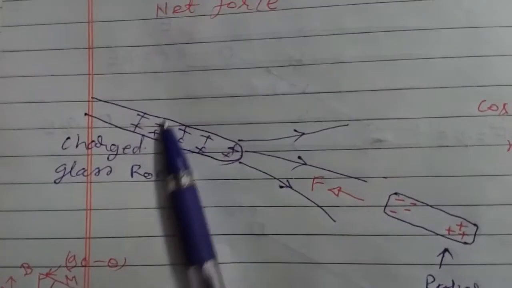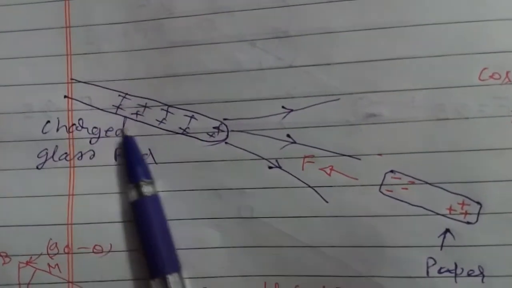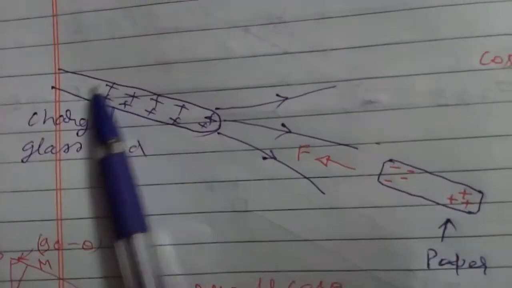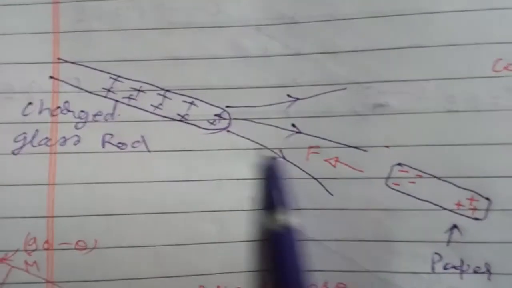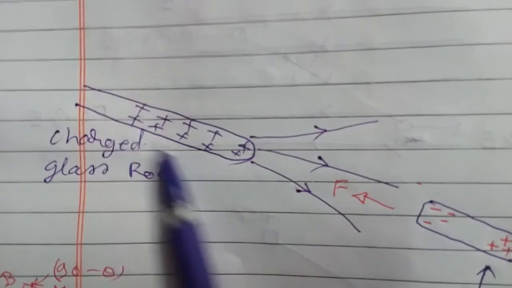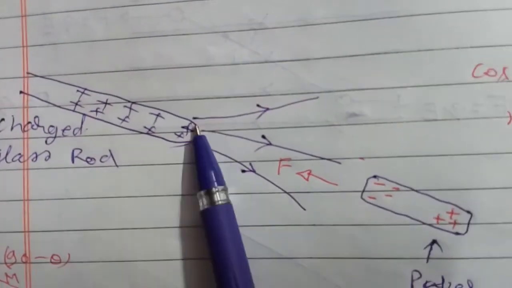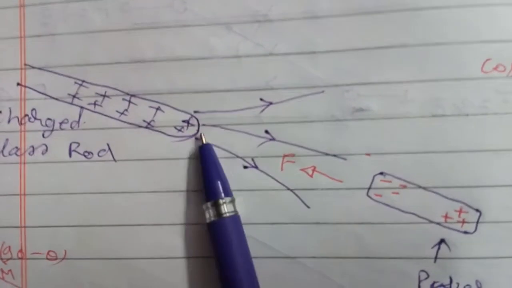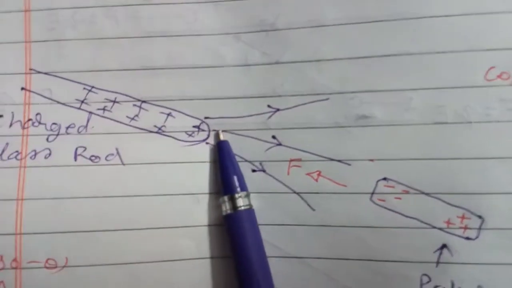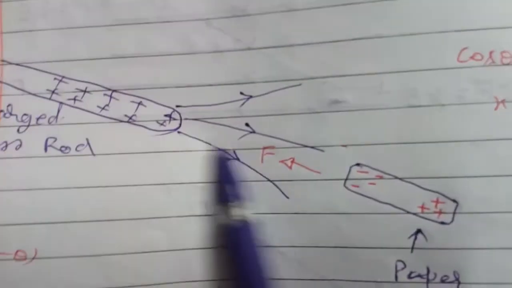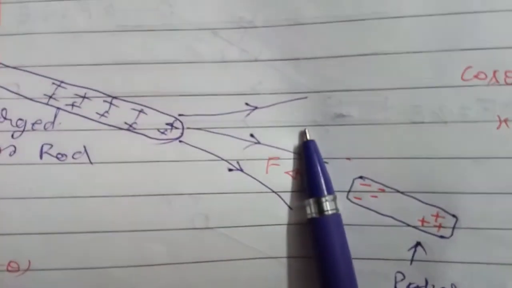Now try to understand why a glass rod rubbed with silk attracts bits of paper. We know that the glass rod is positively charged, so near this end of the glass rod the field is more, and as we move away from the glass rod the field is less.